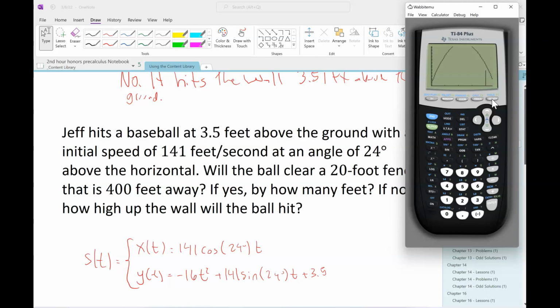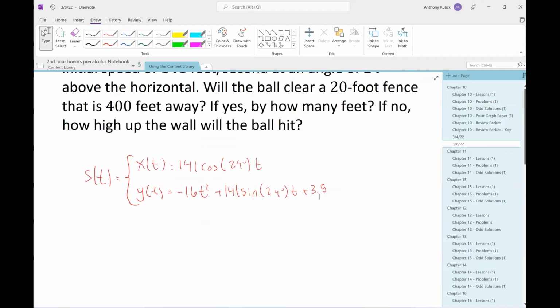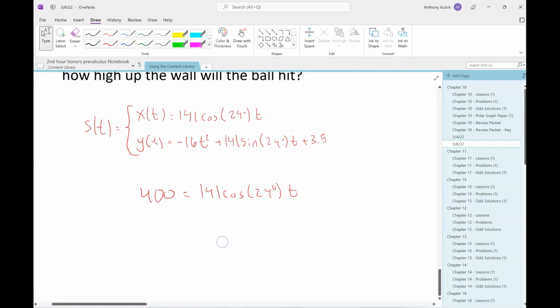Cool. So to actually get the value there, we need to see the height of the ball when it gets 400 feet away. So we need to first calculate the time it takes to go 400 feet.